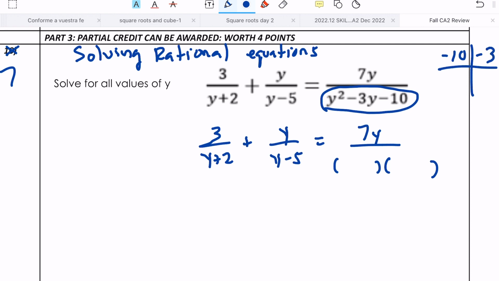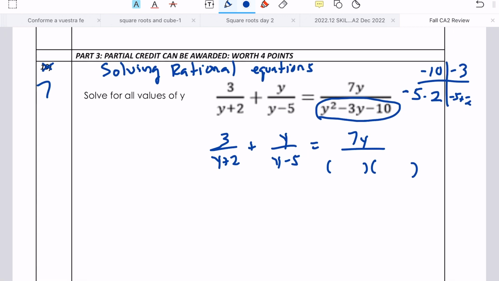The factors of 10 are 5 times 2, but it has to subtract to negative 3. So I'm going to put the negative on the 5. Negative 5 times 2 is negative 10. Negative 5 plus 2 is negative 3. So we're going to have x plus 2, x minus 5.